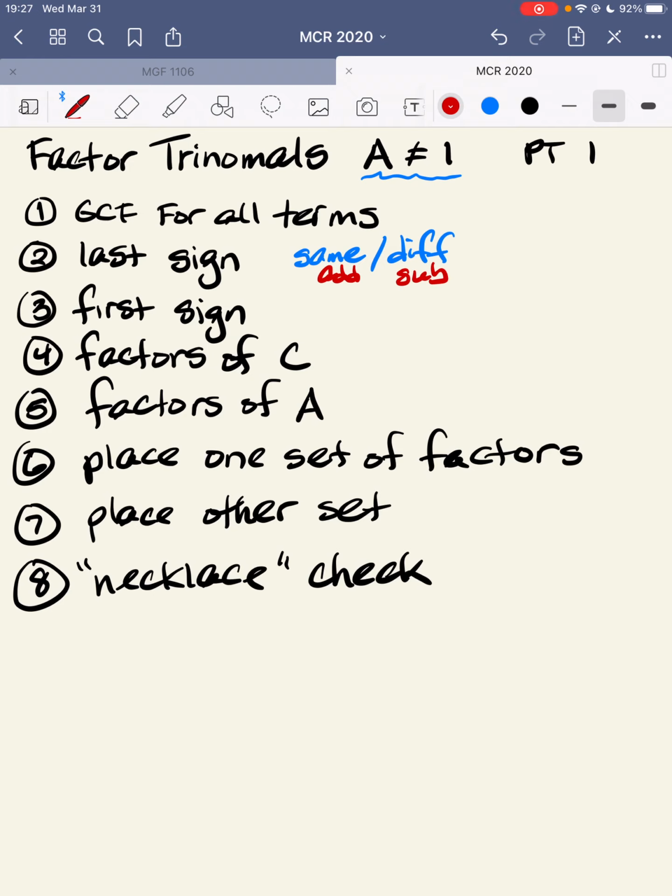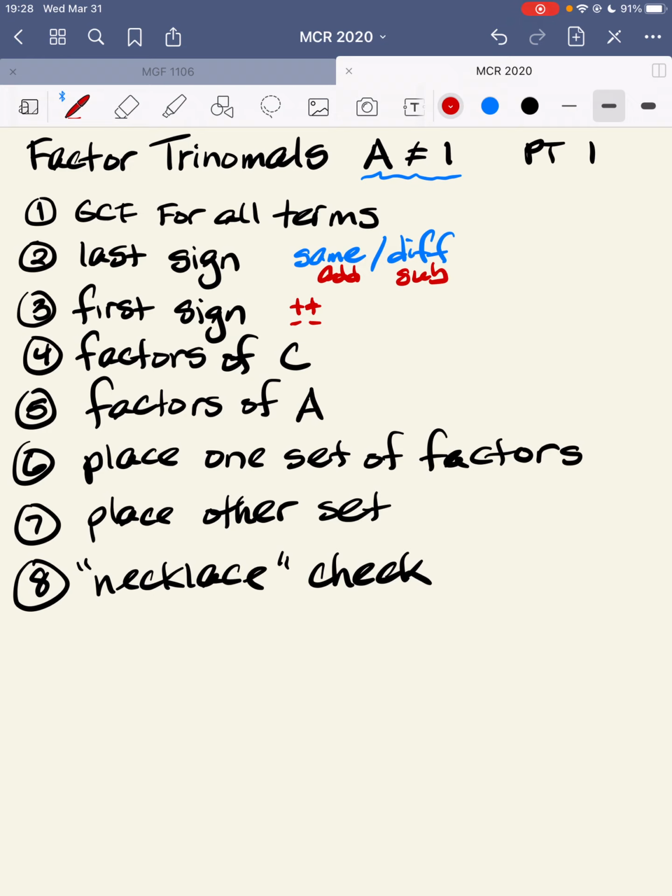If your last sign is the same, your first sign will tell you the sign of them. So it'll tell you whether they're 2 pluses or 2 minuses. If your last sign is subtraction, that means you're going to have different signs.